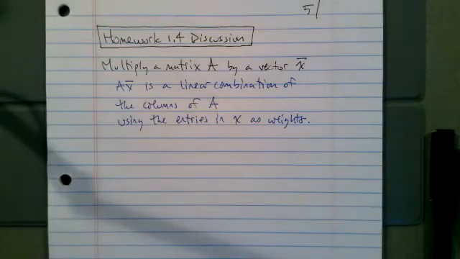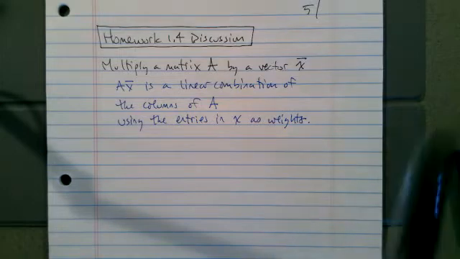We're going to make a linear combination of the columns of A using the entries in X as weights. It's really important that we think about this matrix multiplication as making linear combinations of the columns of A and not just mechanically getting ourselves through the multiplication to find out the numbers.